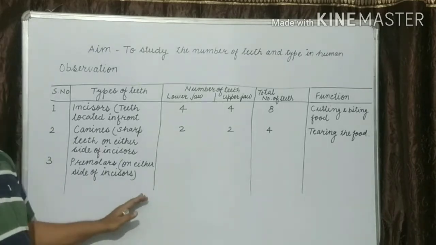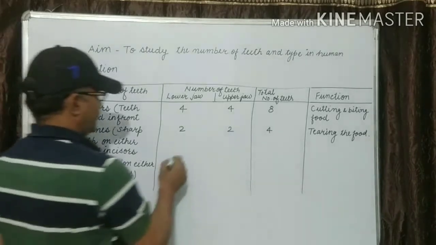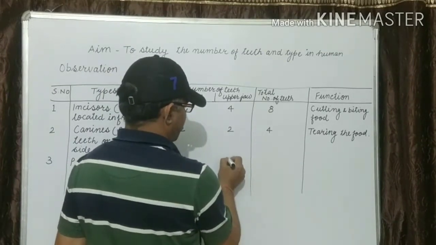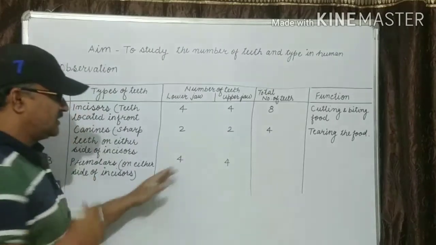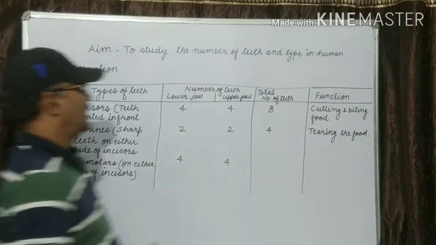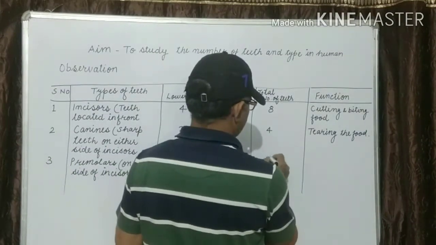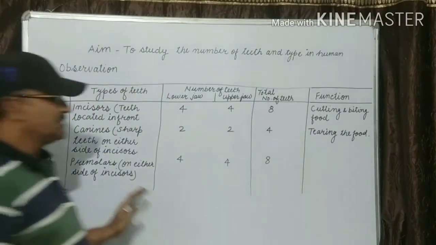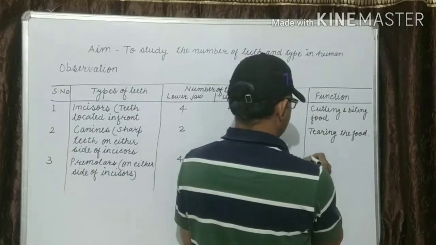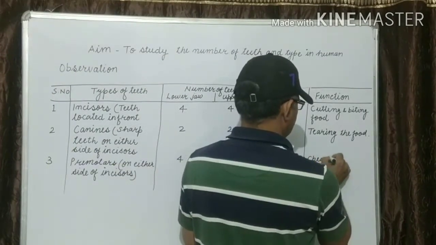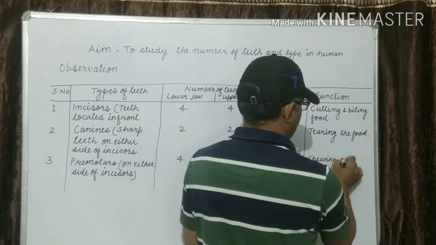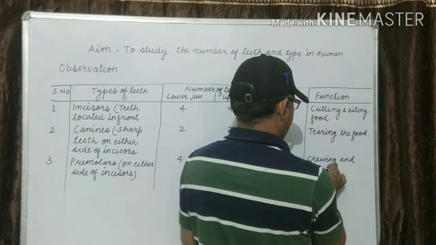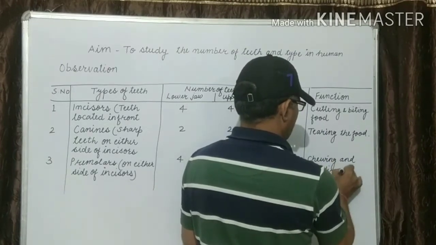What is the number of premolars? In lower jaw, 4, and in upper jaw also 4. And what is the total number of premolars? They are 8 in number. And what is the function of premolars? They help in chewing and grinding food.